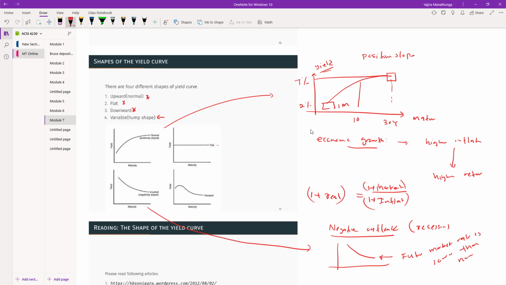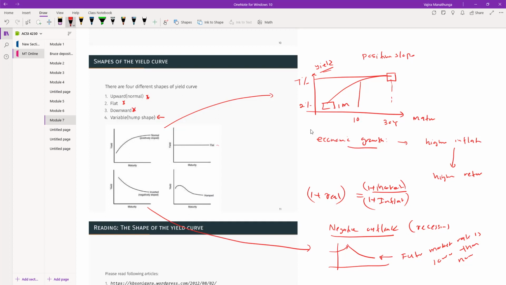So the demand for the instruments maturing very soon would be higher than the demand for the instruments maturing in 30 years. That means you have to bring the rate down because of the demand. That would make the yield for those instruments lower than the ones maturing right now. So this is the negative outlook.